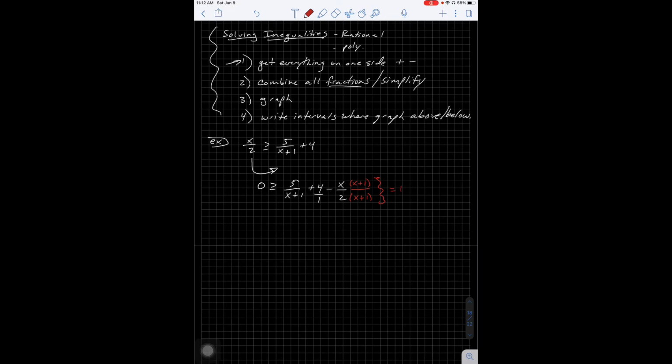When I clear a fraction, I multiply the left-hand side and the right-hand side by something that's the same. And I'm not doing that here. I'm multiplying by an x term, but it's only on one side, top and bottom. So that doesn't affect flipping the sign. All right, and then I'm going to take this 4, and the 4 needs a 2 and an x plus 1.